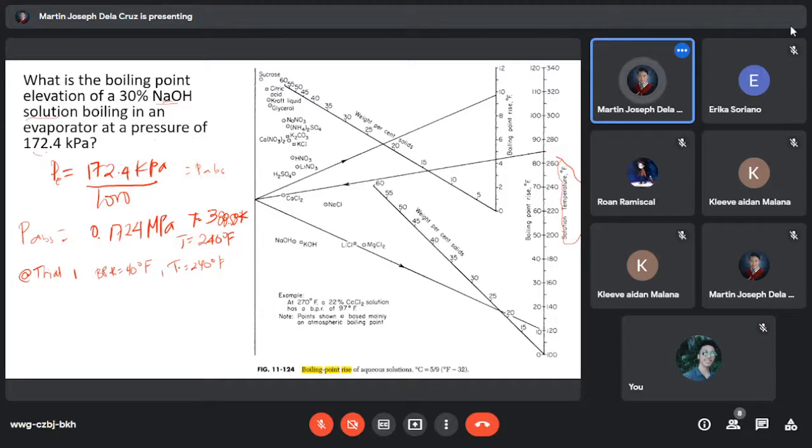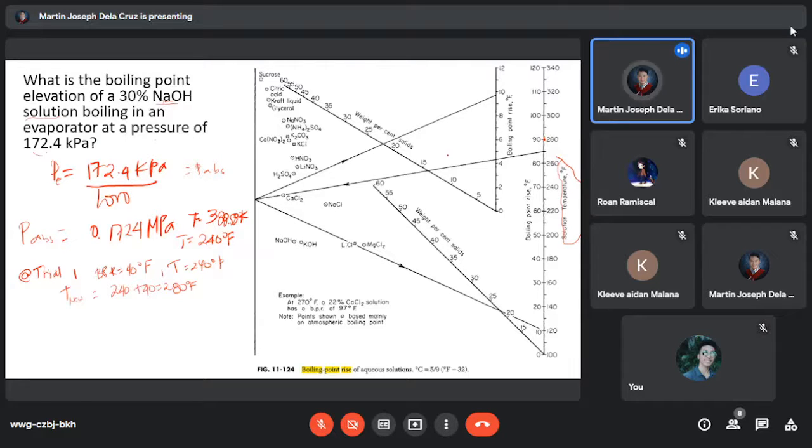So if you get 280 degrees Fahrenheit, so your T new now is equal to 240 plus 40, is 280. So in your 280 degrees Fahrenheit, we were going to connect it with our NaOH class.